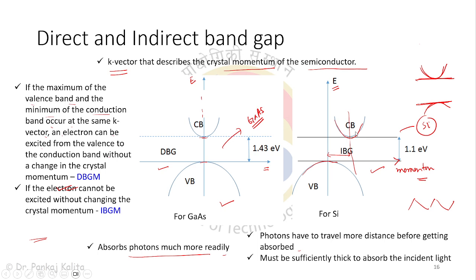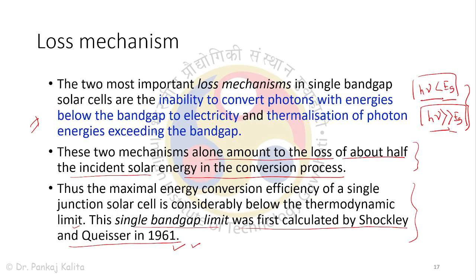Now, all the solar radiation coming onto the solar cell is not fully converted into electricity, right? Some of it is lost. There are two most important loss mechanisms.